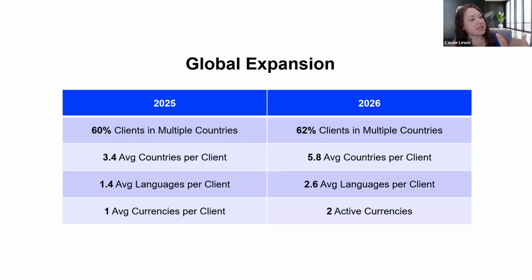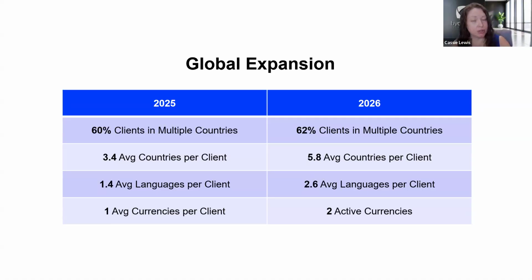Okay, so some stats here. If I went back more than 1 year, I think you'd see even higher growth. But just from last year to this year, we've seen a 2% increase in the clients that are in multiple countries. Meaning last year, 60% were multi-country, 40% were one country only.